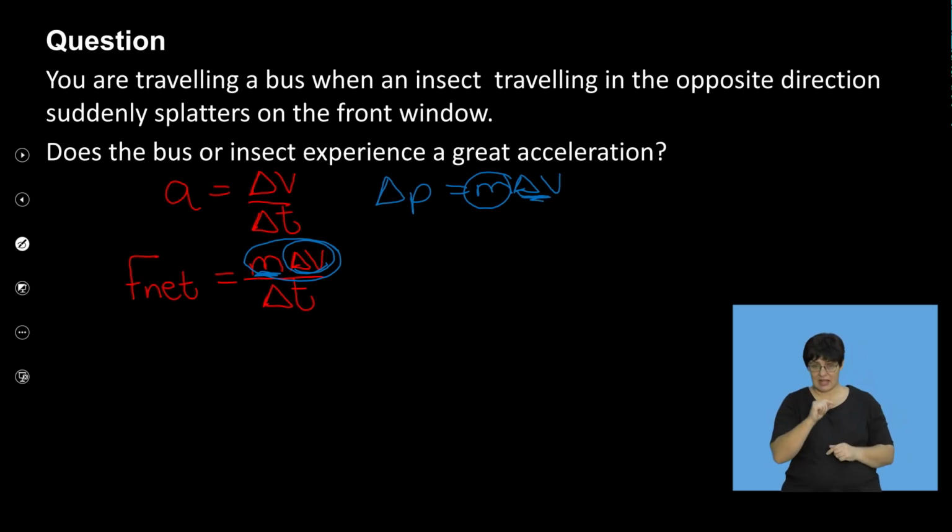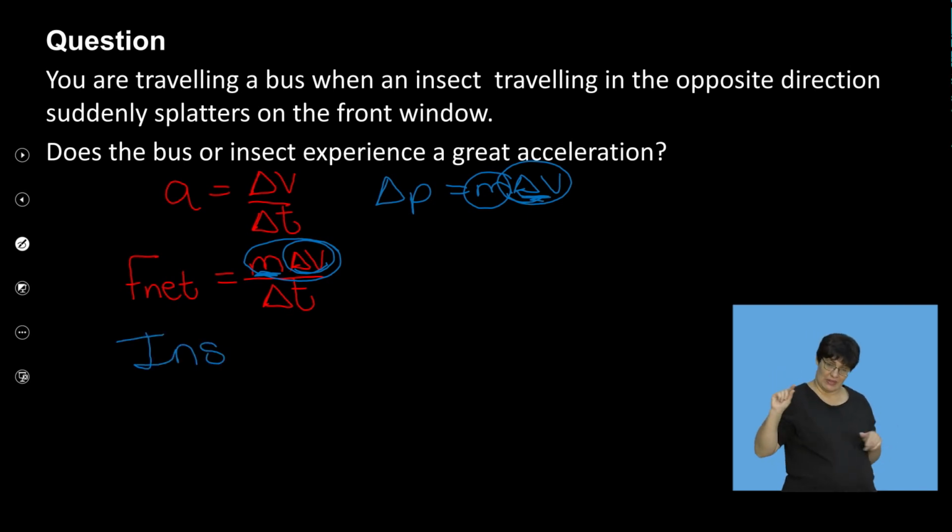With the insect, the mass is very, very small. Because its mass is very, very small, this change in velocity must be very big. If change in velocity is very big, acceleration is going to be very big. So the insect has the bigger acceleration. Why?